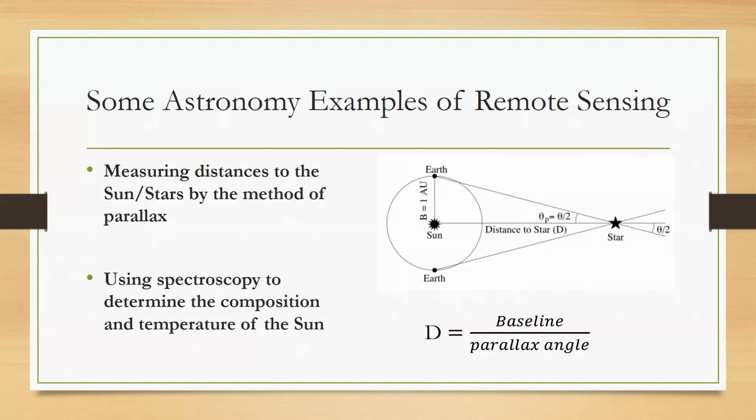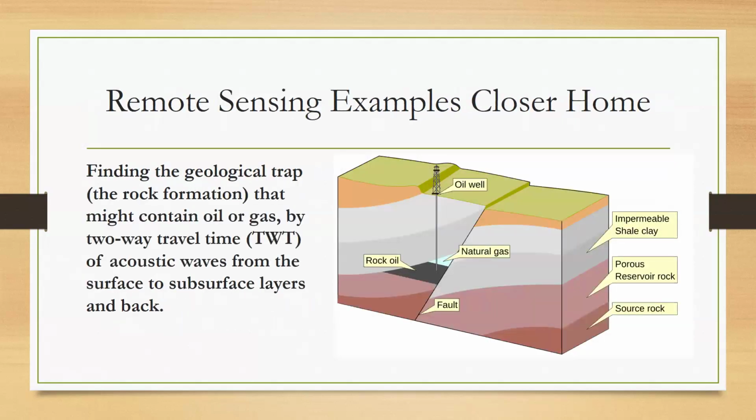Then we can remotely measure the angle between half that baseline, and that way we get the distance to stars by the method of parallax.